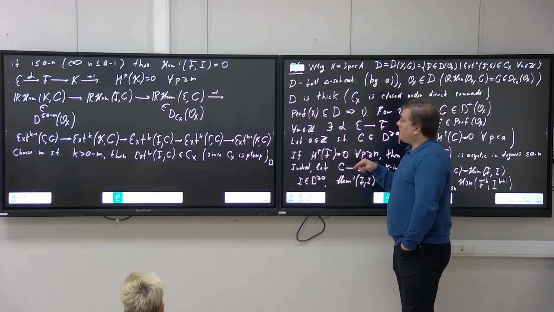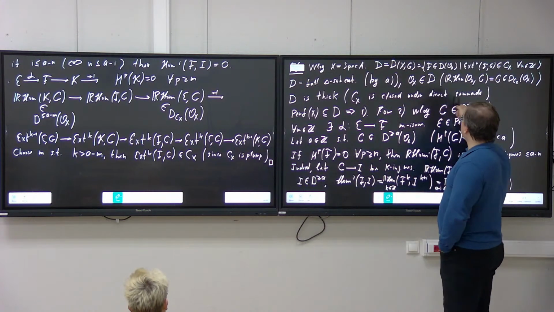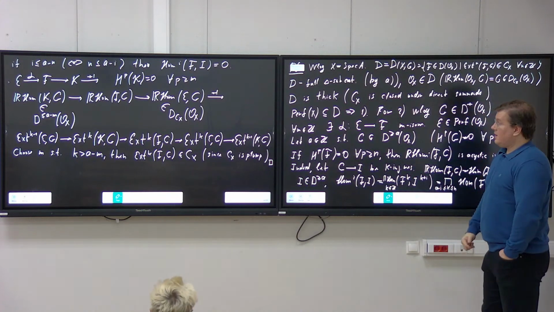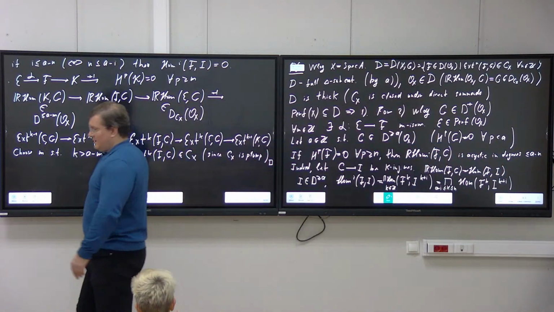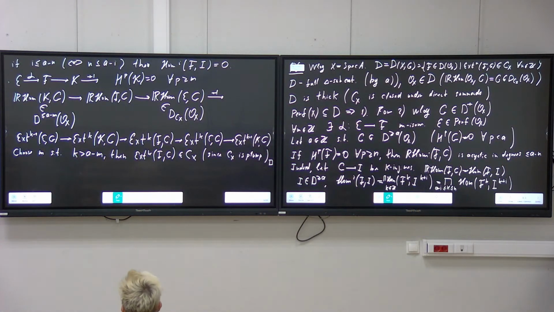So for this I need plumbness, and I also need it here. I'm not saying that we don't need this condition. The last statement can be either, but probably it's just the same, so maybe we don't have sequences.